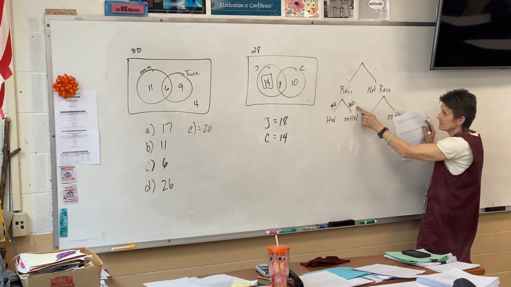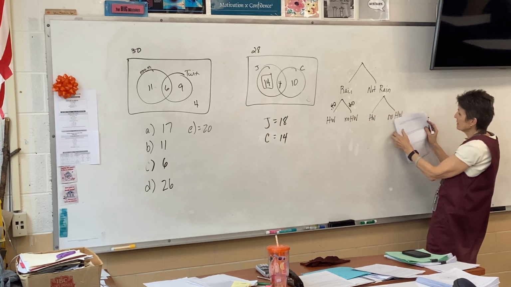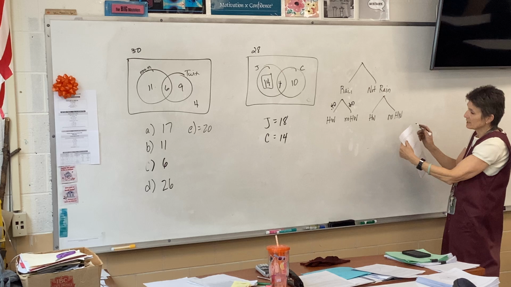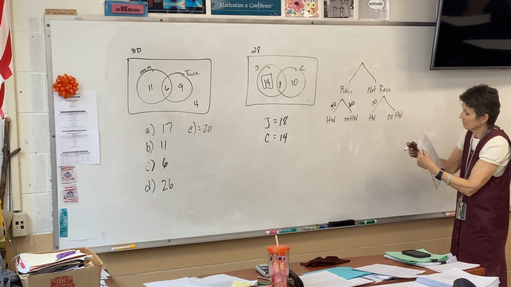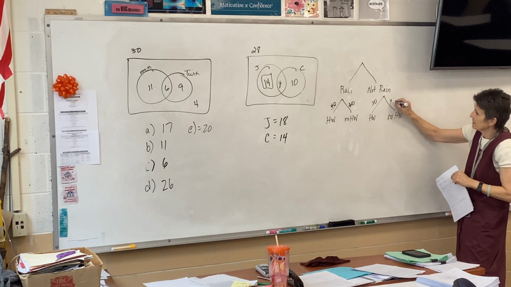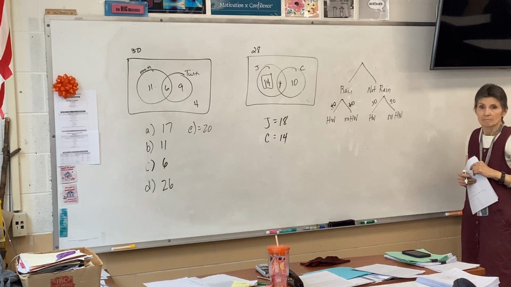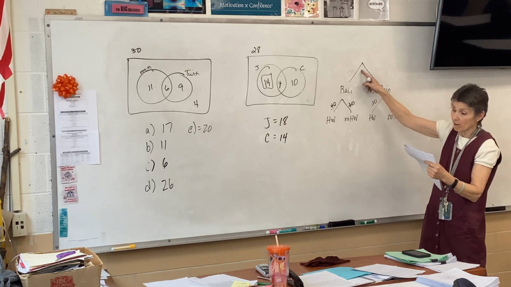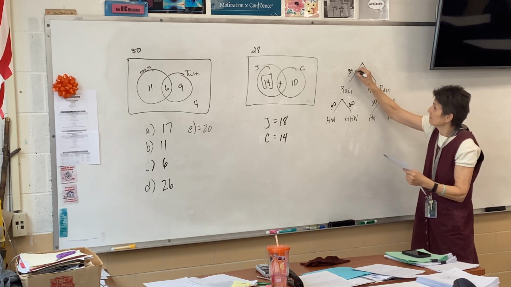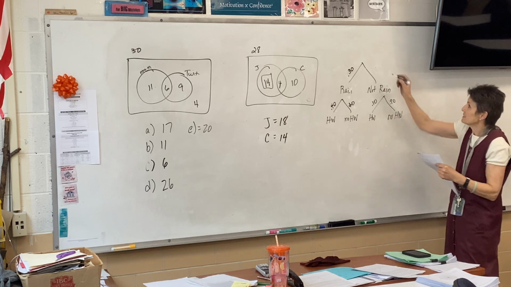That means this is 60. If it doesn't rain, the probability of his doing his homework, no rain, doing homework is 10. That means this is 90. The probability that it will rain tomorrow is 30%, which means this is 70%.